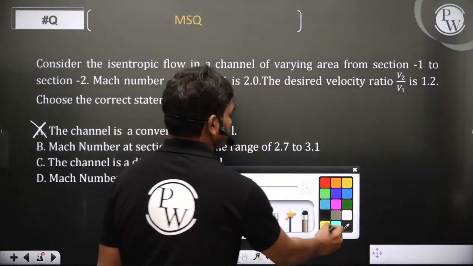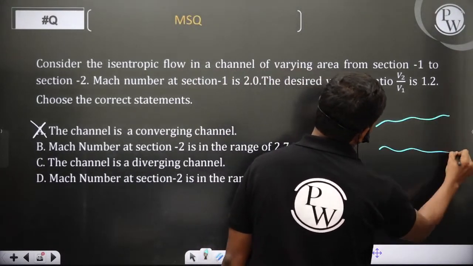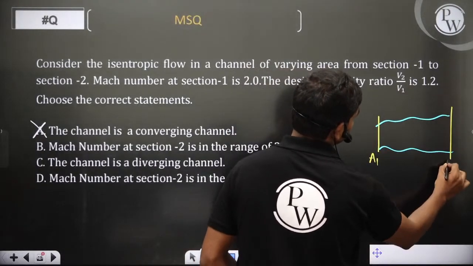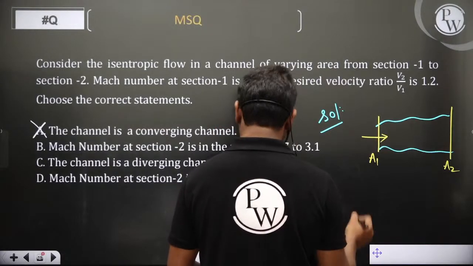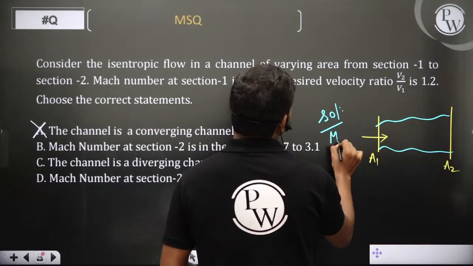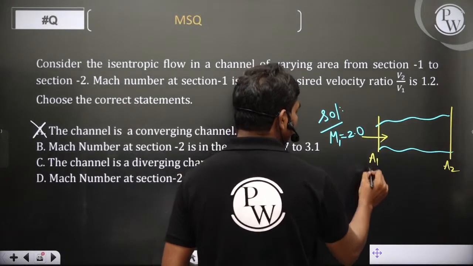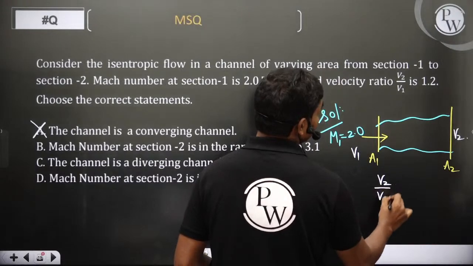So see here, solution. There is a passage here. This is A1 and this is A2, section 2. So we have section 1 and section 2. The Mach number at this point is 2.0, and if this is velocity V1 and this is velocity V2, V2 by V1 is 1.2.